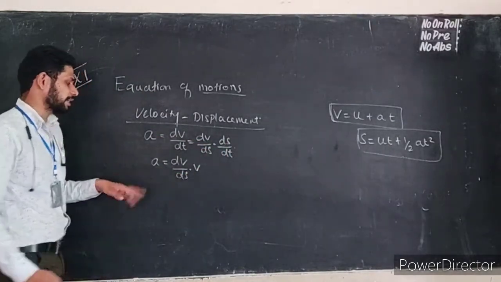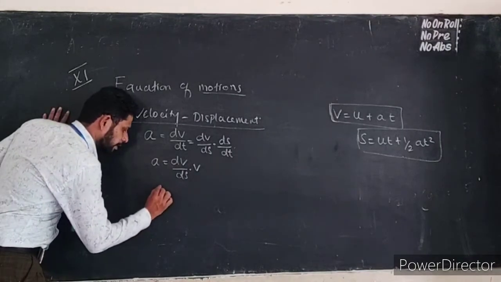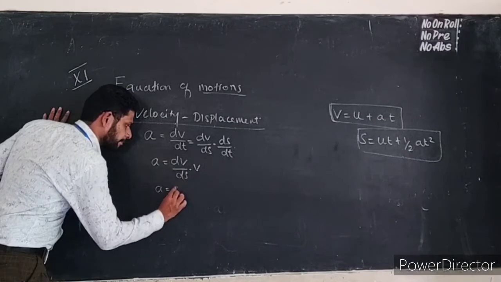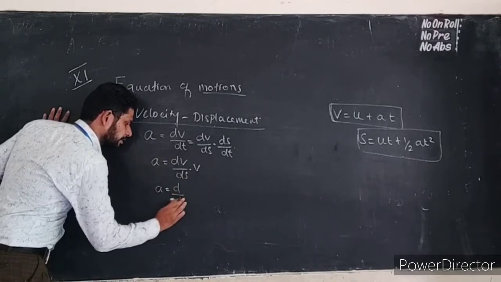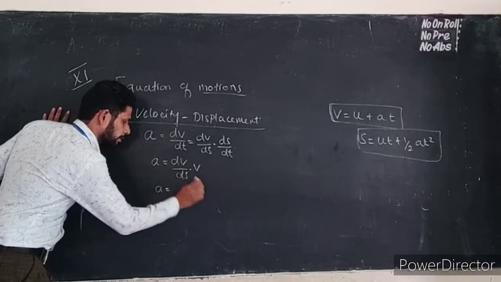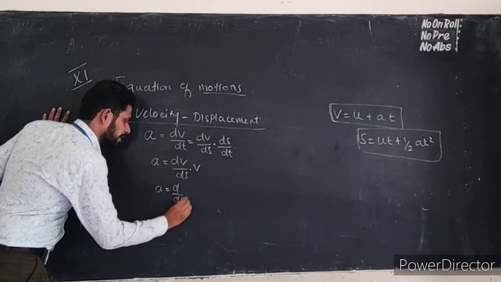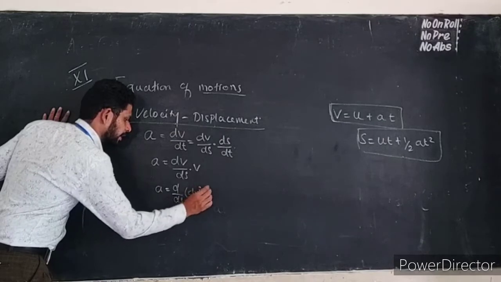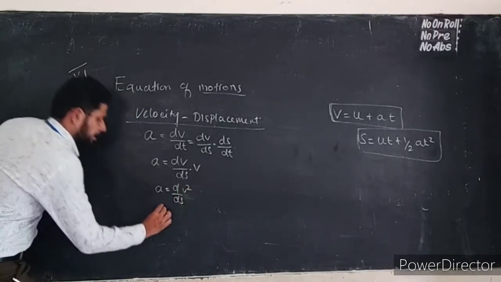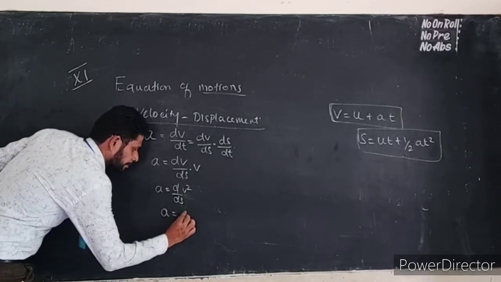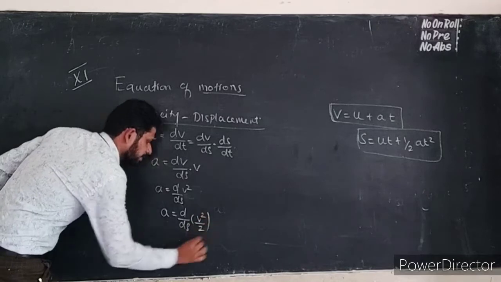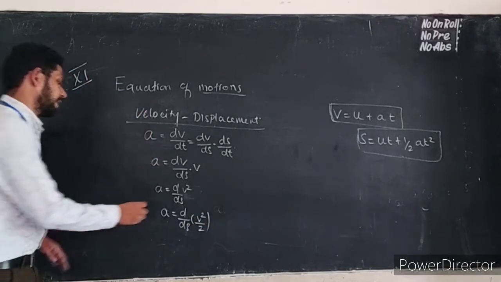Here a will become d by ds of v squared by 2.